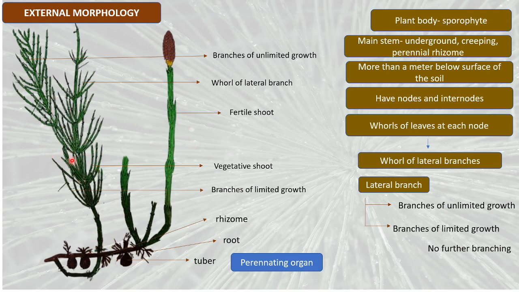Vegetative has branches, whereas fertile has sporangia present, and the vegetative shoot has lateral branches also present, and these lateral branches can be of two types: branches of unlimited growth, this one, and the branches of limited growth, right? So this is about the external morphology.